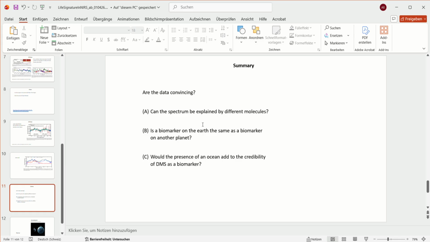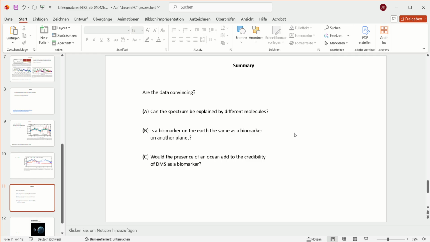Actually, people look for watery worlds, and if they don't find water, they tend to discard a planet as bearing life. People think water is actually necessary. That's the critical test about Venus, because Venus is very dry.